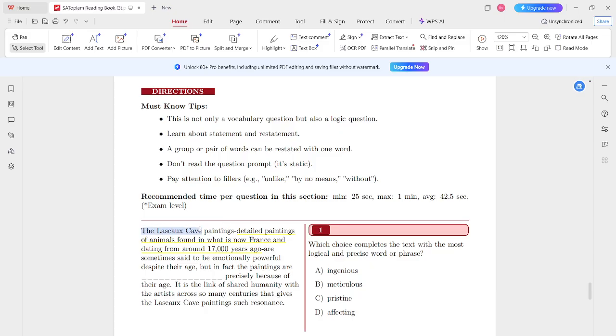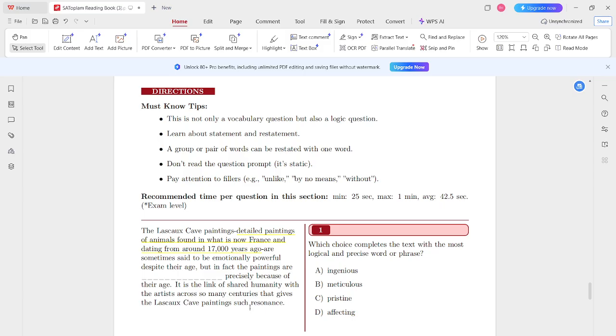So the LC paintings, which are detailed paintings of animals found in France and dating from around 1700 years ago, are sometimes said to be emotionally powerful despite their age. But in fact, the paintings are blank precisely because of their age. It is a link of shared humanity with the artists across so many centuries that gives the LC paintings such resonance.